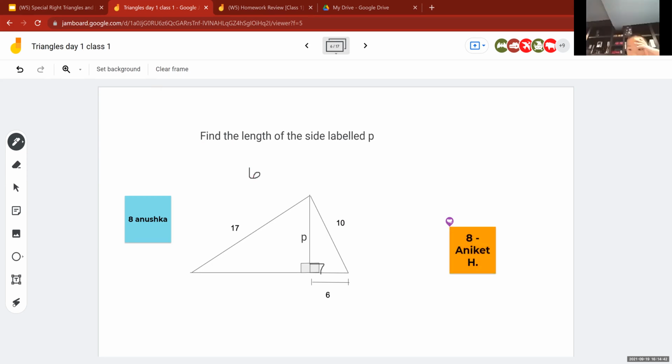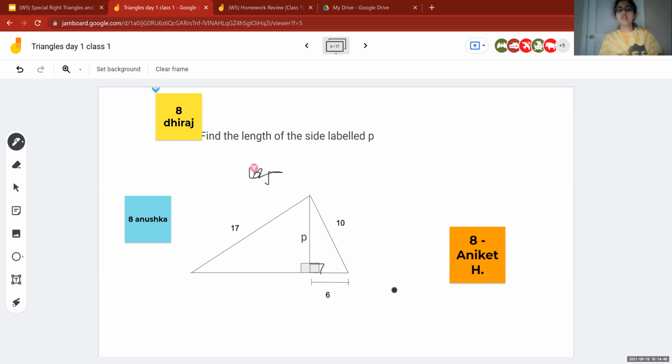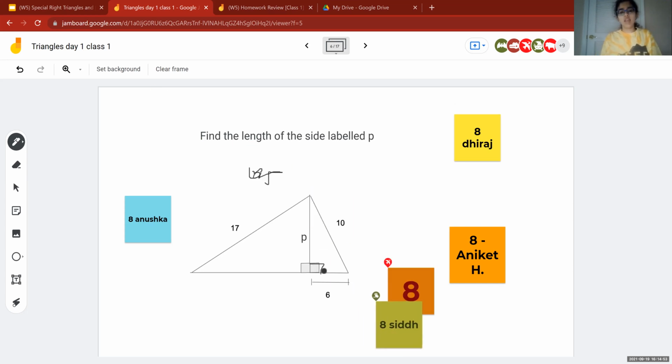Do we get to know what the angle relationship is? You actually do not use angle relationships in this one. You just need to know that this is 90 degrees, and so, Pythagorean theorem.